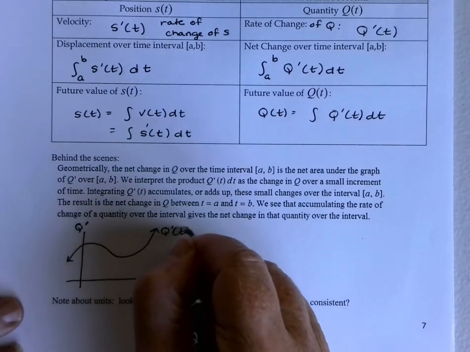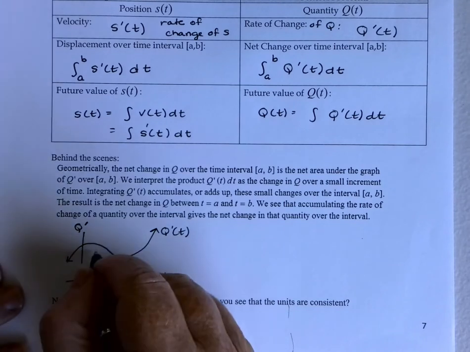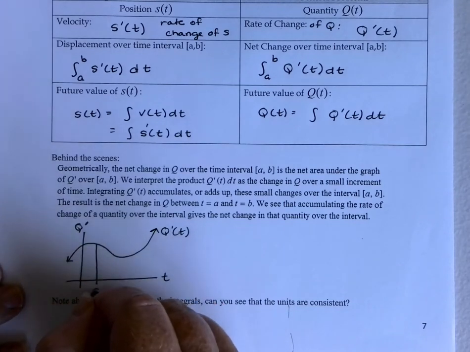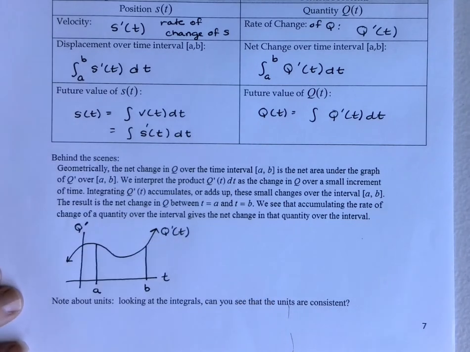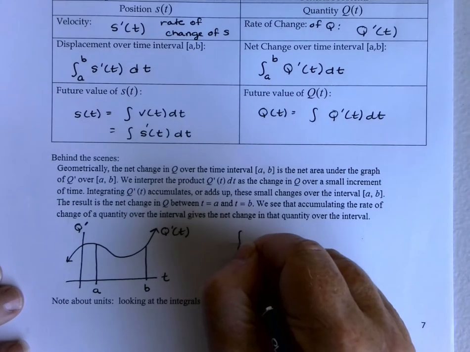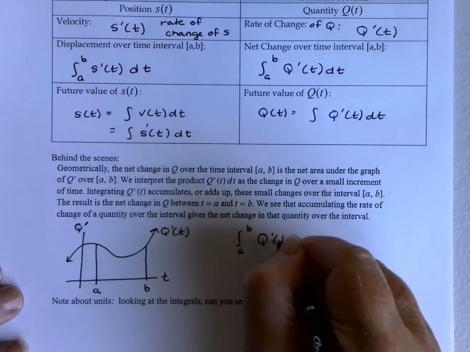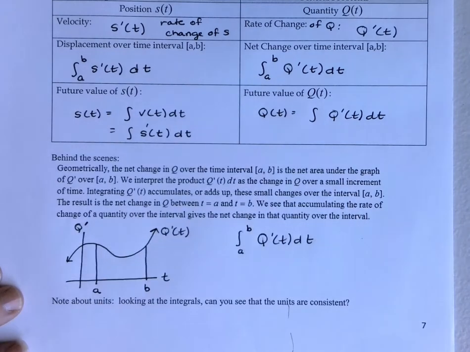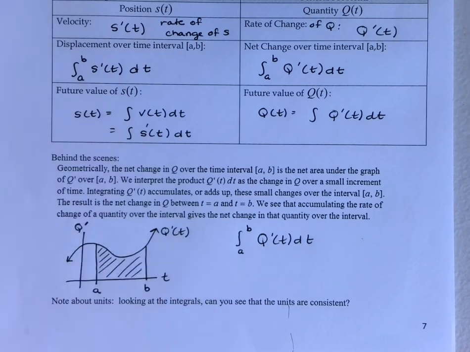So here's Q prime of t, some function. Then from a starting time A to an ending time B, we know that the integral from A to B of Q prime of t dt just represents the area under the curve. Right? That's geometrically what an integral does. Finds the area under the curve.